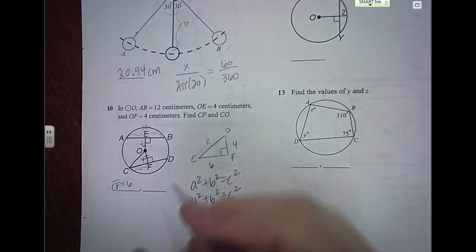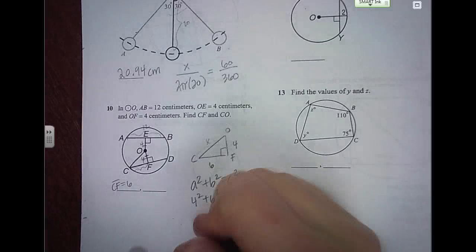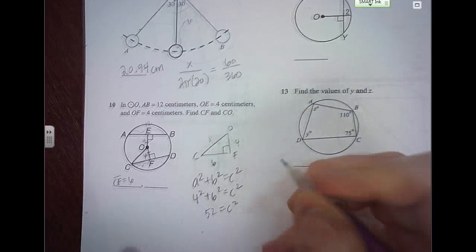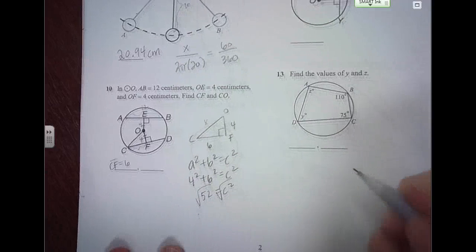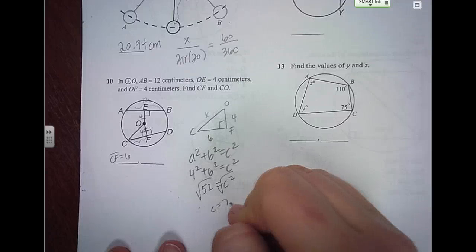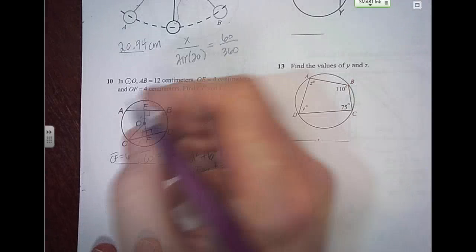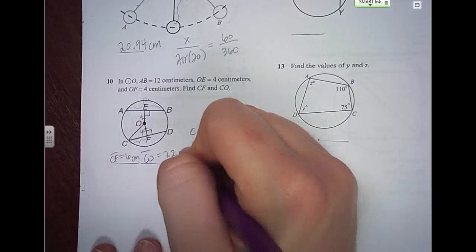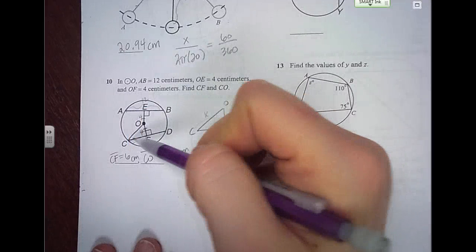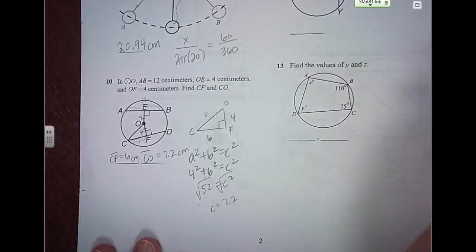So I get square root of 52, and I want a square root. And so I find out CO is 7.2. So CO is 7.2. I guess I should have put centimeters there. Okay, so you had to first know this one to then even find the CO.